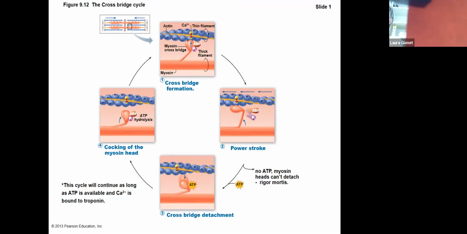However, when you want that to stop, and you've lifted that box and now put the box down, you want the muscle to relax. The impulses around the motor neuron stop. You stop secreting acetylcholine. You will secrete acetylcholinesterase to break down the acetylcholine there, so that you stop this whole series of events from happening.